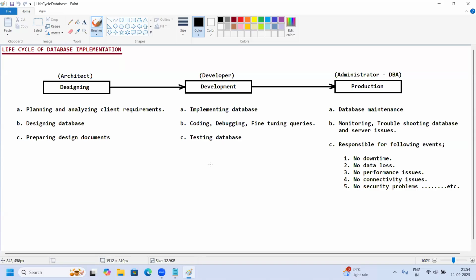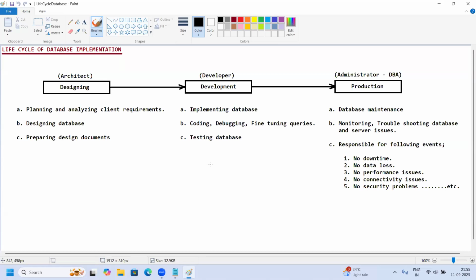Fine-tuning queries depends on two factors: one is called convenient and second is called efficient. And testing the database is also a work of the developer. These are the responsibilities or tasks that the developer will do.